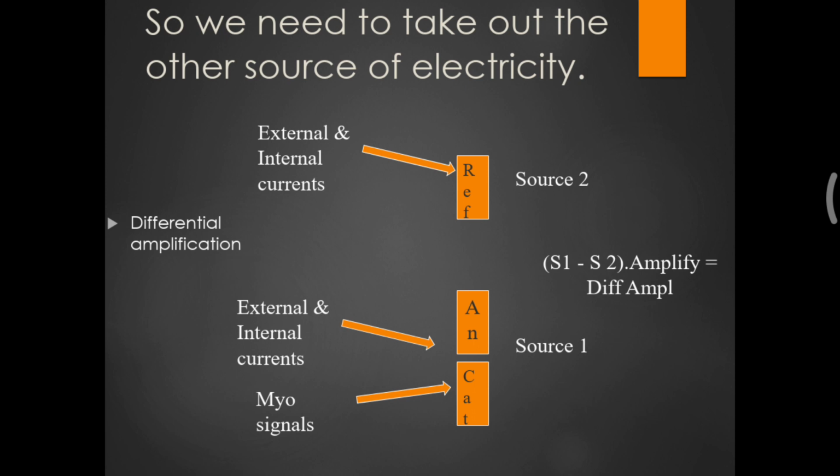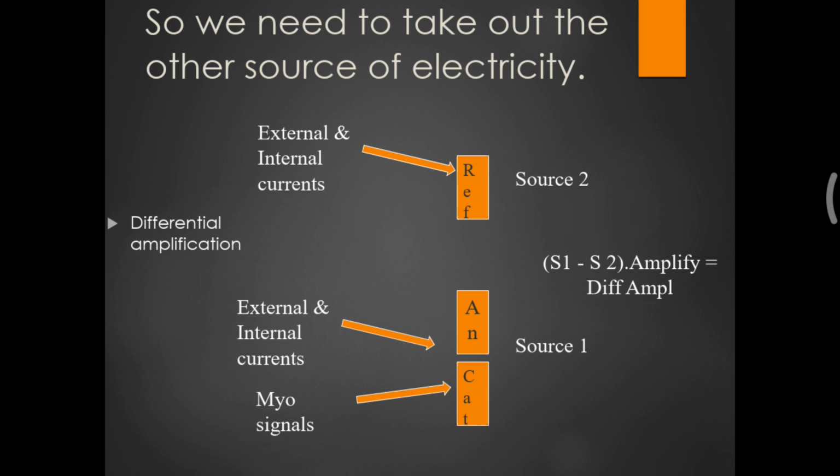Say for example you are in a crowd, when everyone shouts, you will specifically be able to hear the voice of the person who is standing next to you. But another person who is standing farther away will not be able to hear that. So these myosignals take some time to reach the other electrode, and when they get there they also reduce in amplitude.